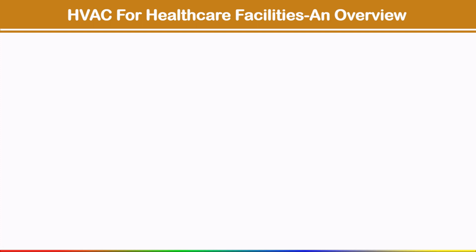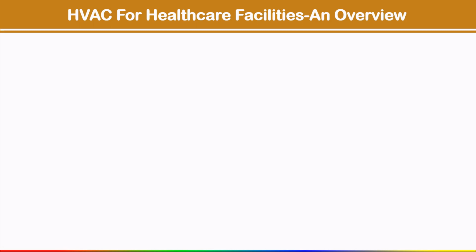A good design can result in healthy and comfortable living, better environmental control, operational efficiency, lower greenhouse gas emission, and increased productivity. So these are the advantages. Okay. That is why we are providing HVAC services for healthcare facility.